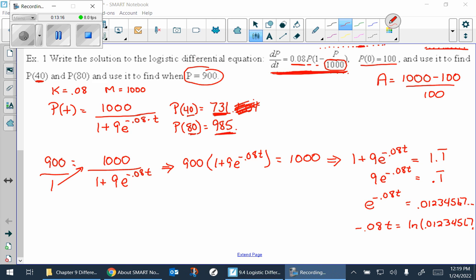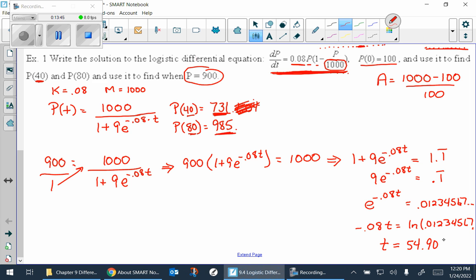And if we now divide by negative 0.08, you let me know what you get. I think that we're going to get t is 54.903.